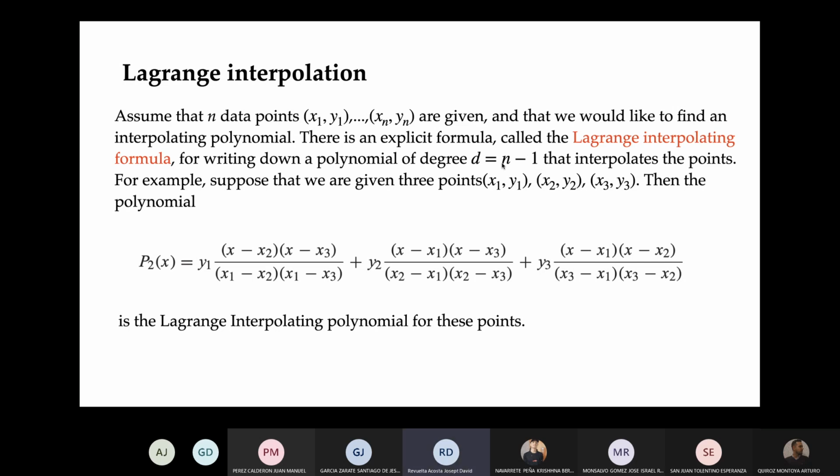Okay. So for example, suppose that we're given 3 points.